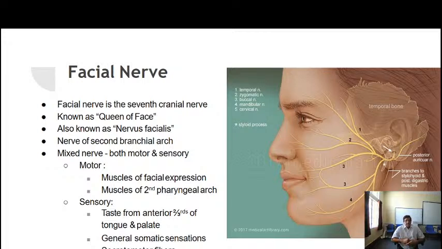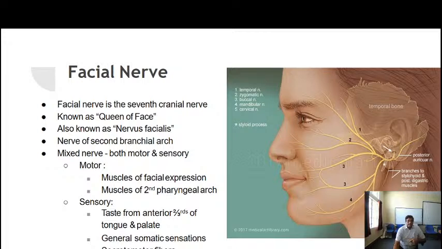And this is a very important nerve because this is the nerve through which you can express your feelings, various kinds of feelings, and it's very essential, particularly these days wherein expression is the most important thing.